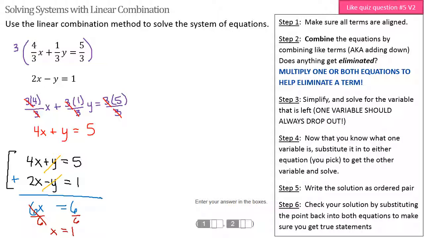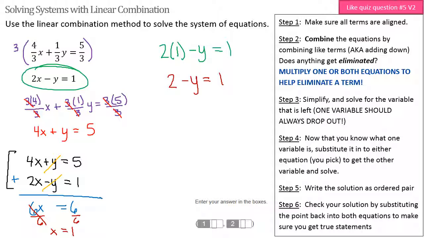Okay. Now we need to take our x value and substitute it back into either one of the original equations. Just like that first version, I'm going to use the second equation since that had no fractions. So we have 2 times 1 minus y is equal to 1. Simplifying this, 2 times 1 is 2, minus y is equal to 1.